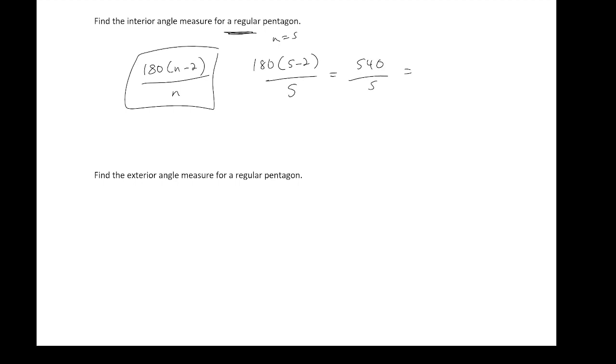But then all we have to do is divide by the number of sides, right, equally. And this is going to be your formula. So in this case, you're going to have 180 times (5 minus 2), n is equal to 5, all over 5. Or 540 over 5, which is equal to 108.